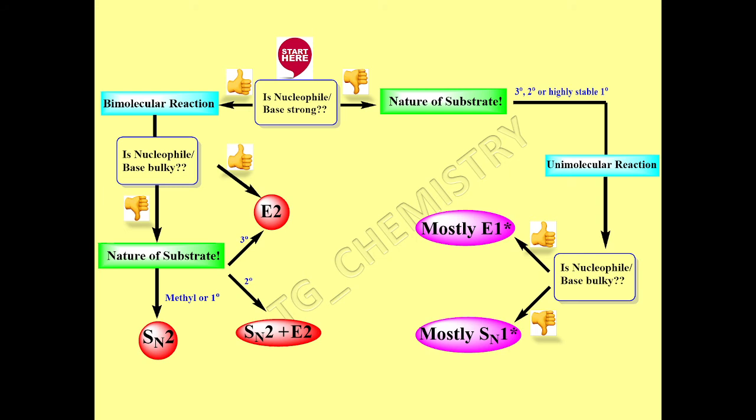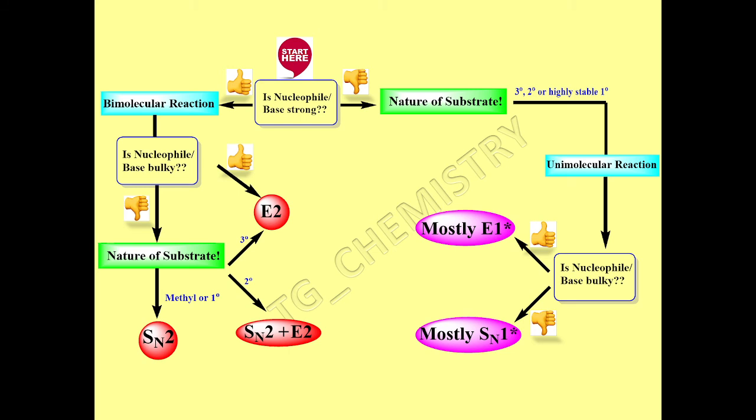We know that SN1 and E1 are grouped together because they always occur together. If the leaving group dissociates first, there is an equally likely chance of the nucleophile attacking, so it will follow the SN1 route, or the base pulling off the beta hydrogen, which can lead to the E1 pathway. So in that case, mostly E1 and SN1 in terms of nucleophile and base bulkiness.